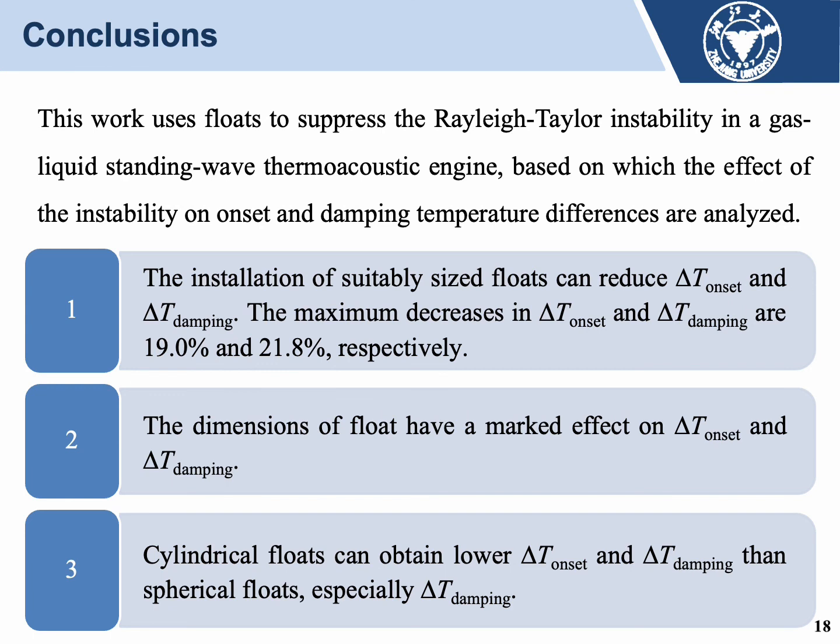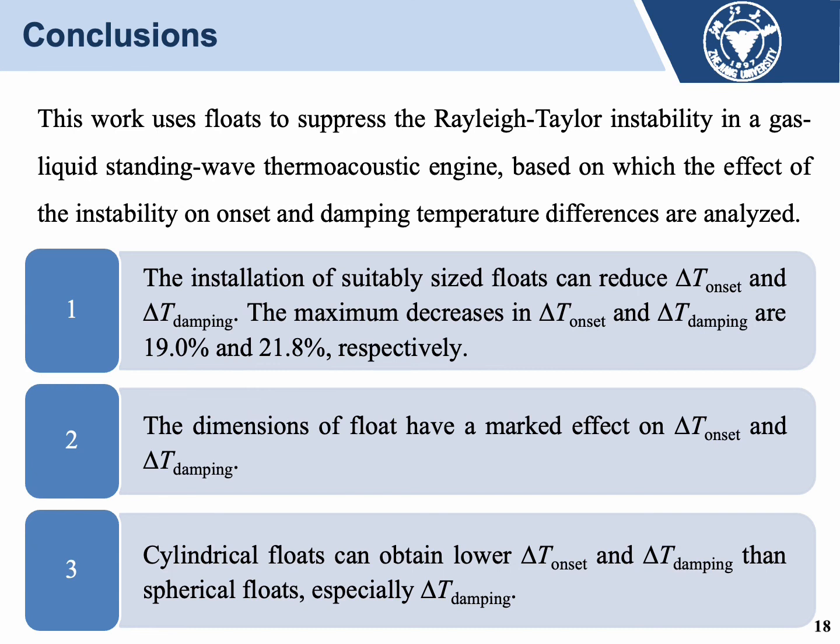Firstly, the installation of suitably sized floats can reduce onset and damping temperature difference. Compared to the conditions without floats, the maximum decrease in onset and damping temperature difference are 19% and 21.8% respectively.